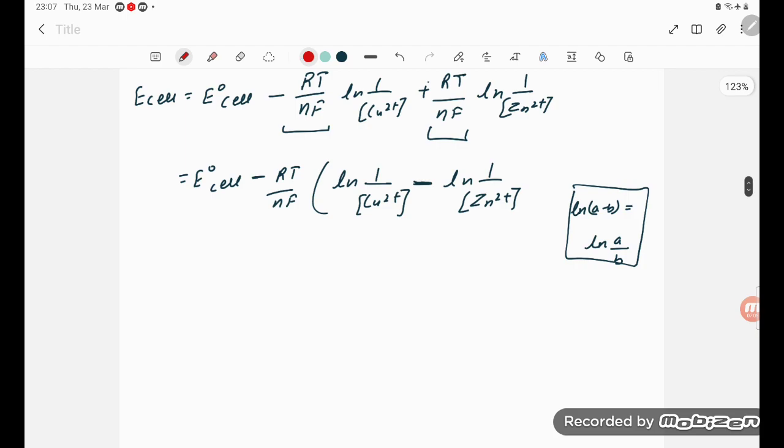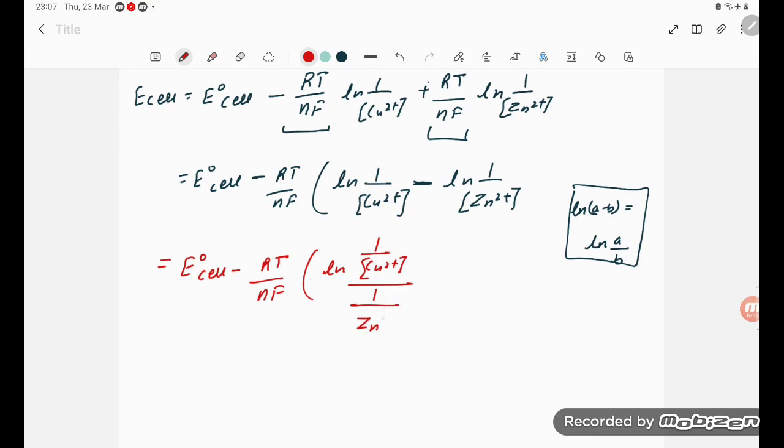So here E cell is equal to E naught cell minus RT upon nF, then ln of 1 upon Cu2+ divided by 1 upon Zn2+. These two things are there.